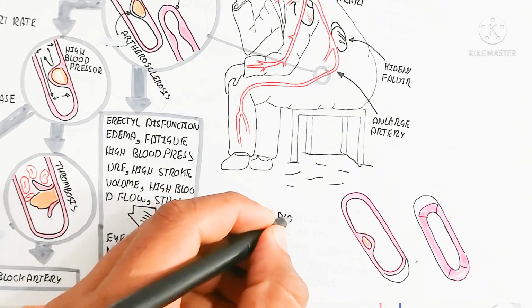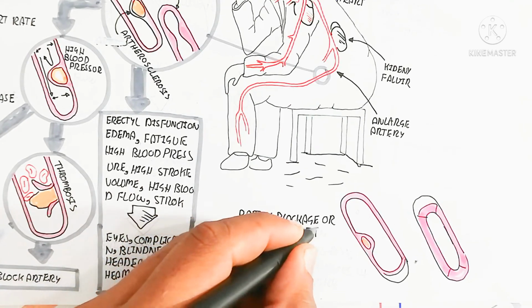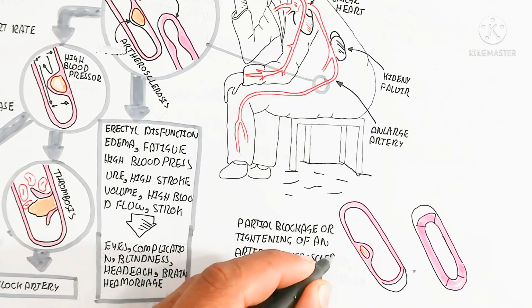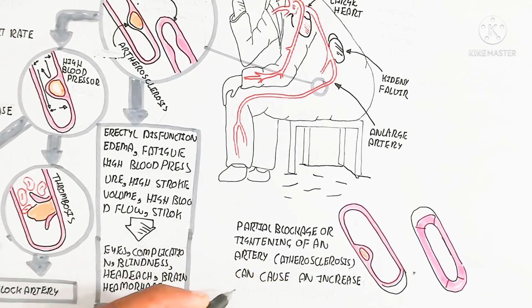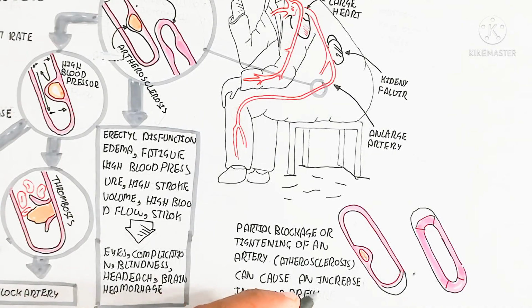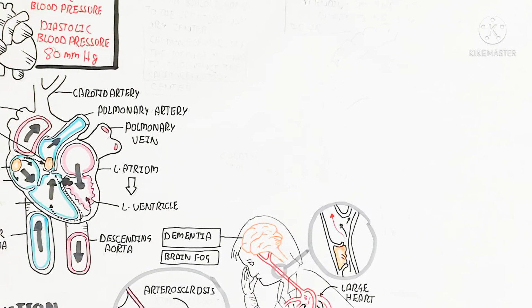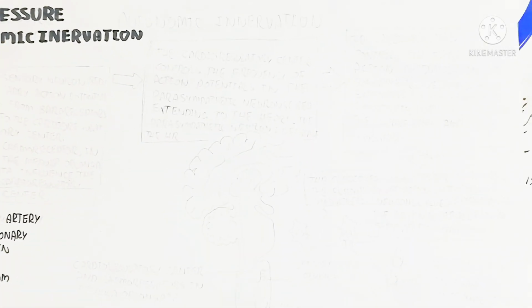In another situation, a large vein or artery will be ruptured, and that leads to paralysis or dementia as well as other complications. So remember, here is the partial blockage or tightening of an artery. So arteriosclerosis can cause an increase in blood pressure.